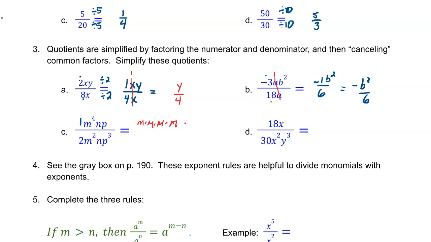There is 1 letter n in the top, and there's 1 letter p in the top. Now down in the bottom, remember there was that 2, but then there's m times m. There's 1 n, but there are 3 p's.